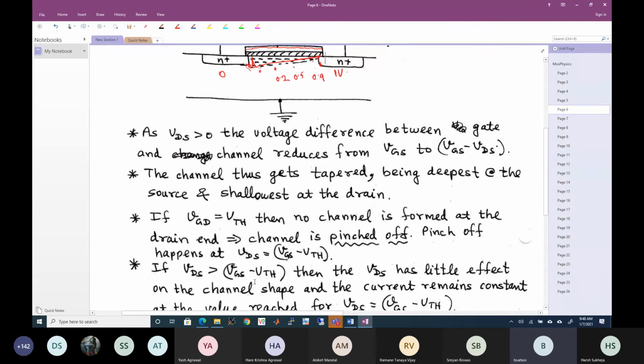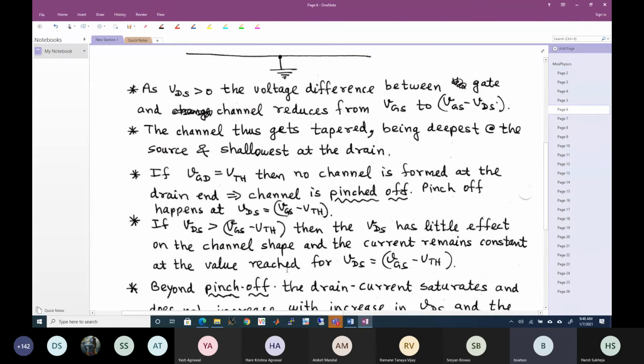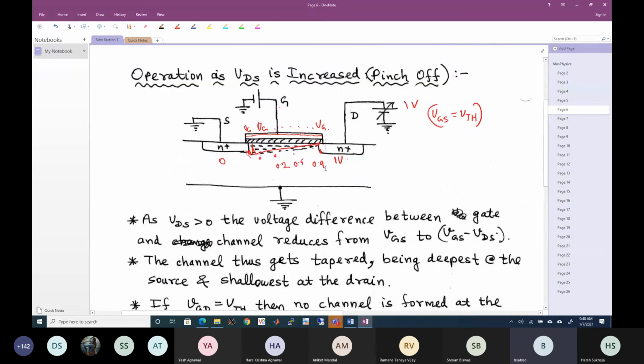When VDS is greater than VGS minus VTH, then VDS has little effect on the channel shape, and the current remains constant at the value reached at VDS equal to VGS minus VTH. So what it means is that when I have pinched off the channel at the drain end, after that if I keep increasing this voltage, the current flowing between the drain and source doesn't change, because after pinch off the drain voltage is not going to impact the amount of charge underneath the gate that much.